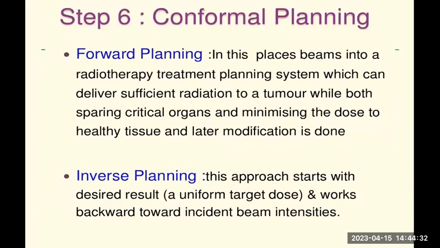In the first case, the intensity is set first, the dose is minimized so that healthy tissues will not be affected, and after feedback we increase the dose accordingly. In inverse planning, the dose is confirmed, and based on the dose the intensity is modulated. Dose means the radioactive isotope dose, the dose level for the tumor reduction.